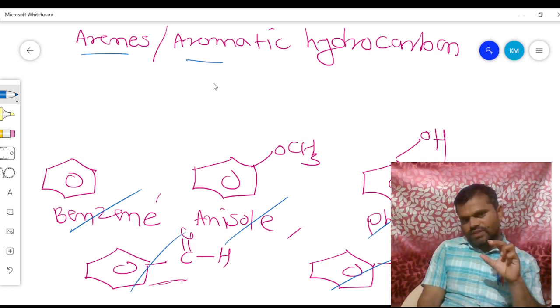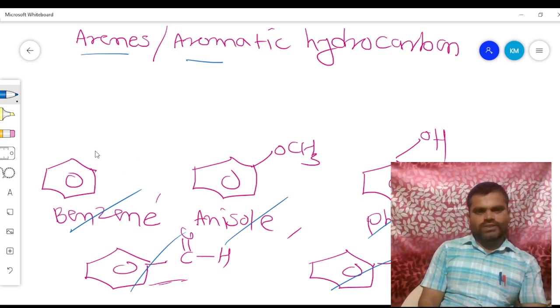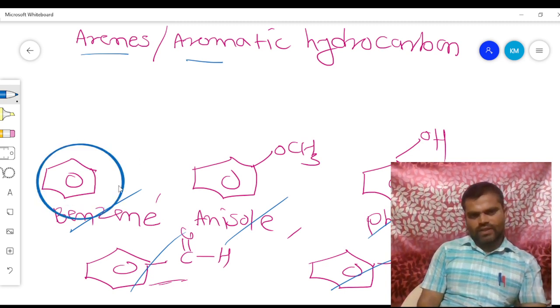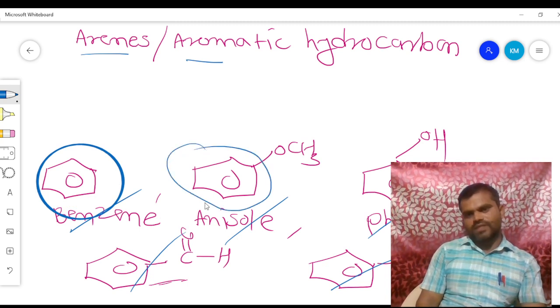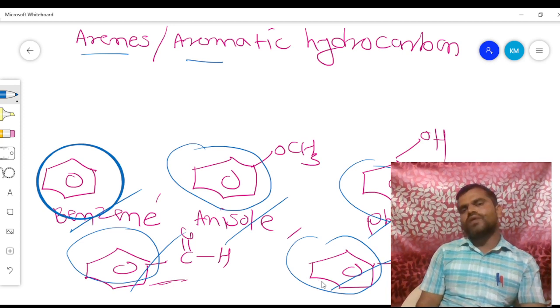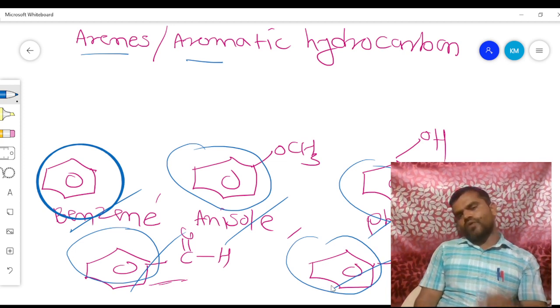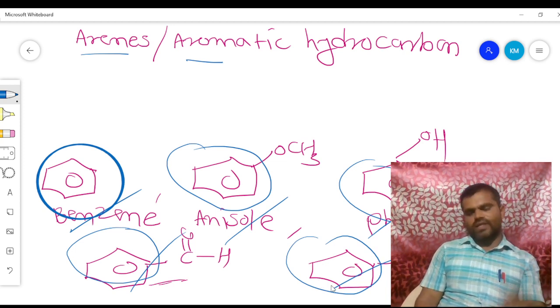Then let me tell you what is common in all these compounds. The common thing in all these compounds is the benzene ring. Such a benzene ring is also here, here also. So we can define what is arene.